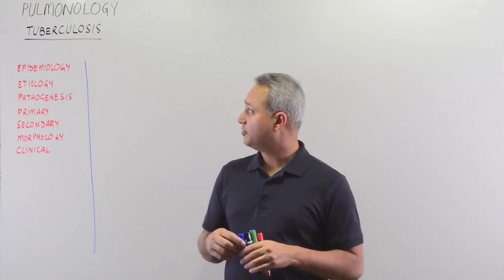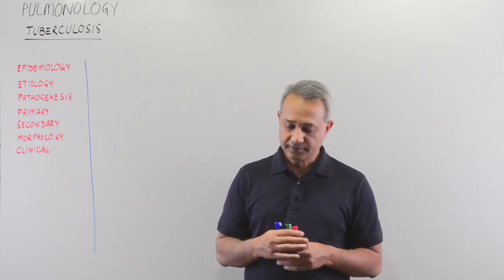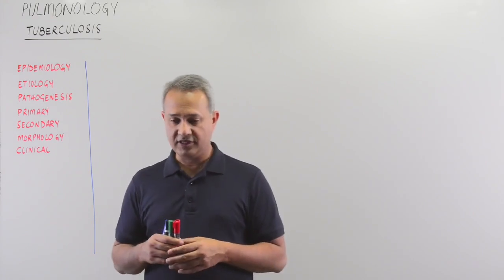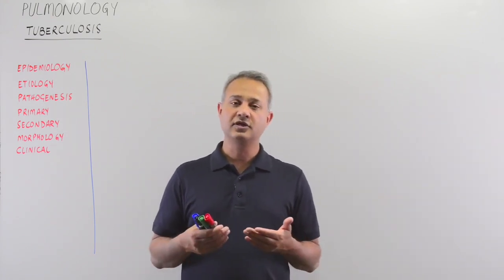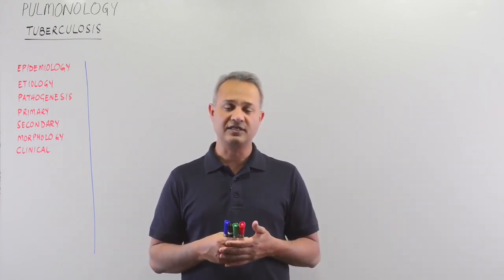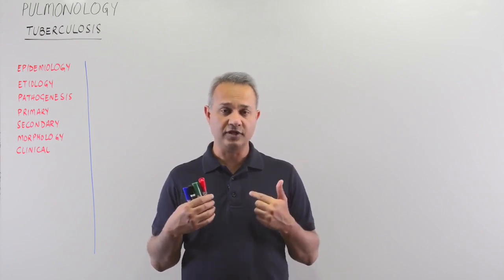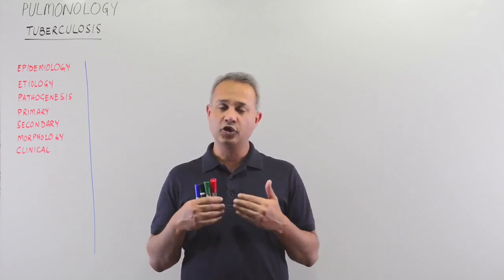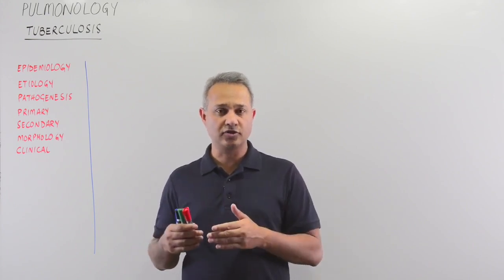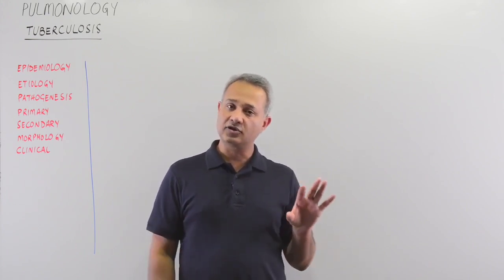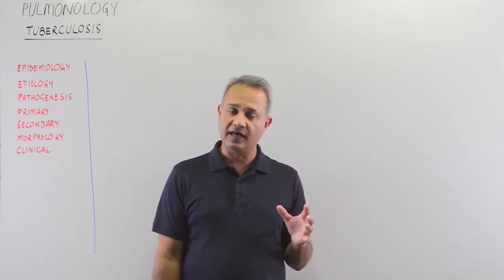Now let's talk about the etiology. The pathogen is, of course, Mycobacterium tuberculosis, and the reservoir for humans is humans. The human one is Mycobacterium tuberculosis hominis. It is also in cows, for example, or animals.